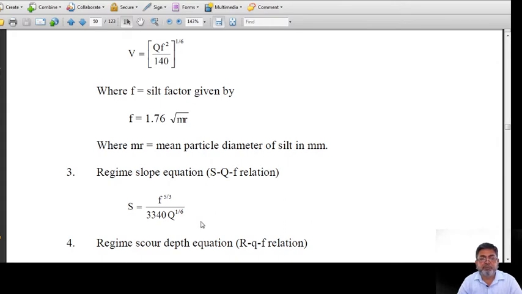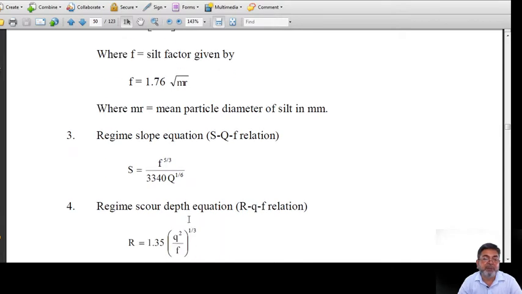Now Lacey realized this shortcoming of his theory, and he gave an equation for the longitudinal slope of the canal, which is present before you. S is equal to F to the power 5 by 3 upon 3340 Q to the power 1 by 6.